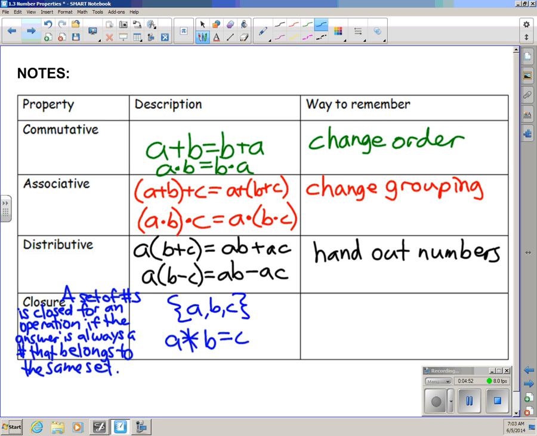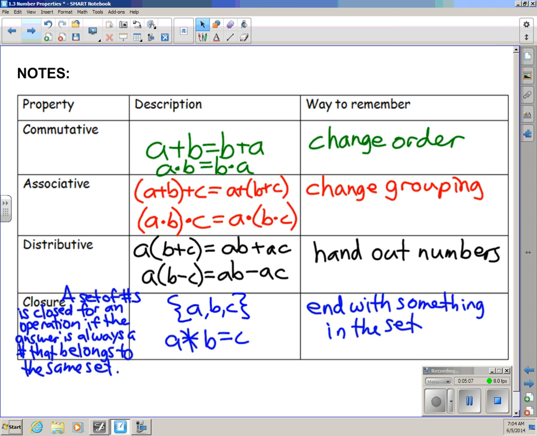The way to remember is you start with something in the set and you end with something in the set. You want to produce a number that is in that set. We're going to talk about sets of numbers and operations and what they're closed under.